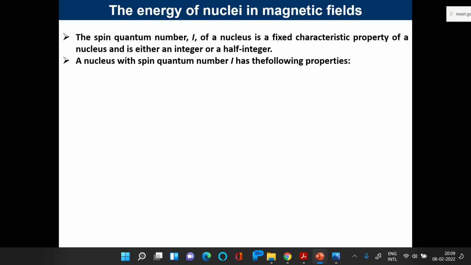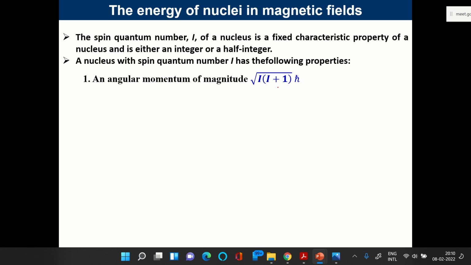Now the spin quantum number of a nucleus. When you are talking about a nucleus, usually we talk of the simplest case, the proton, but in a nucleus you have a combination of neutrons and protons, and both show magnetic properties. An isolated neutron also has a finite magnetic moment.